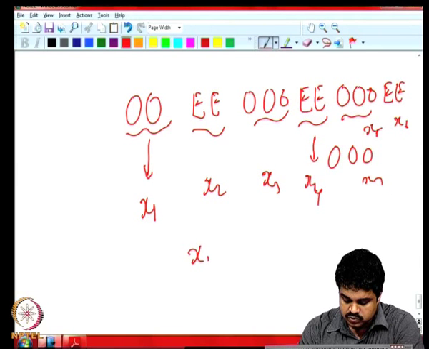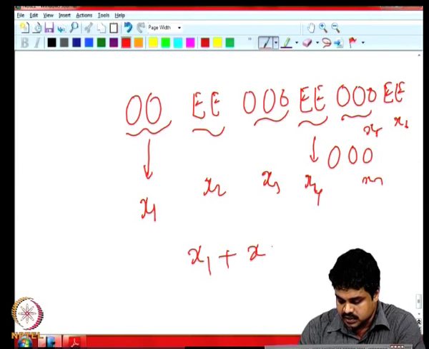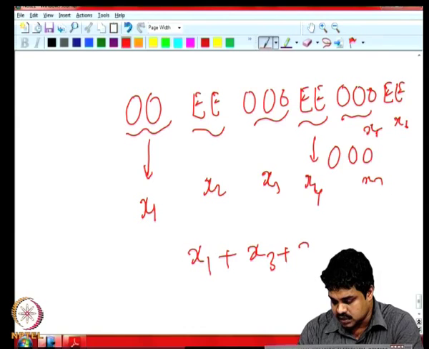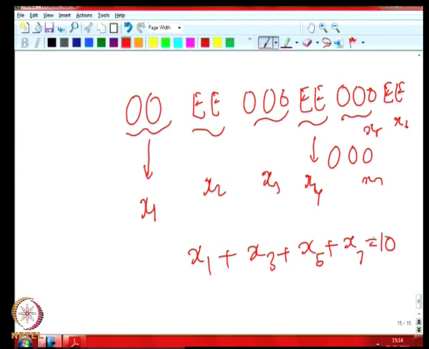We know that x1 plus x3 plus x5 plus x7 has to be equal to 10, because the total number of o's in the pattern is 10. Similarly, x2 plus x4 plus x6 has to be equal to 5, because the total number of e's in the pattern is 5.